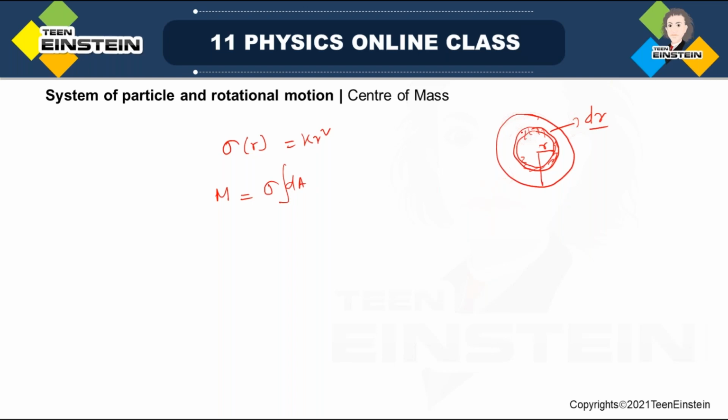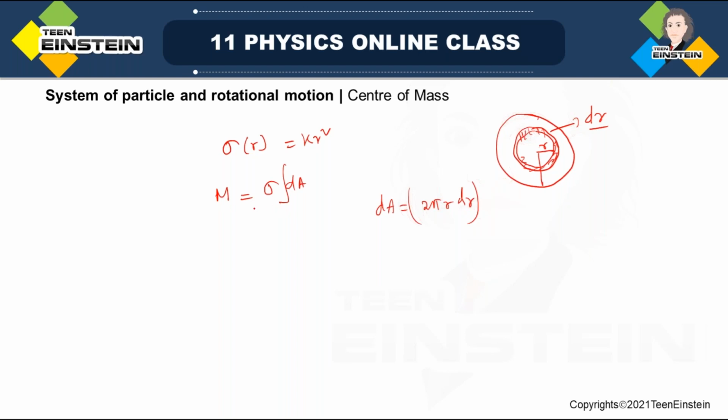So what is this elemental area? 2 pi r dr. Sigma is given. Now you have to do the integration with respect to r to find the total mass.